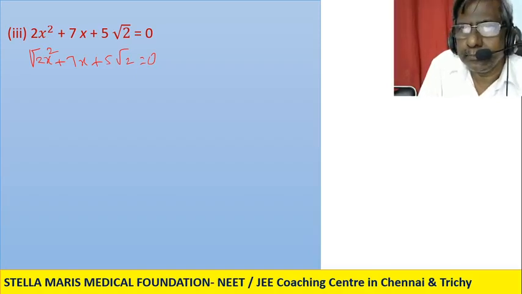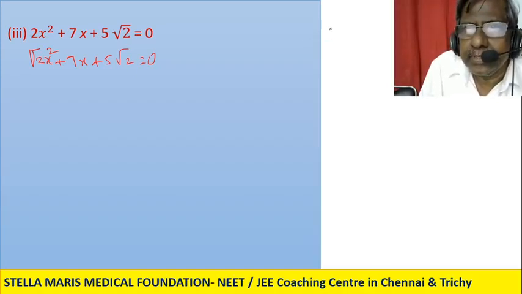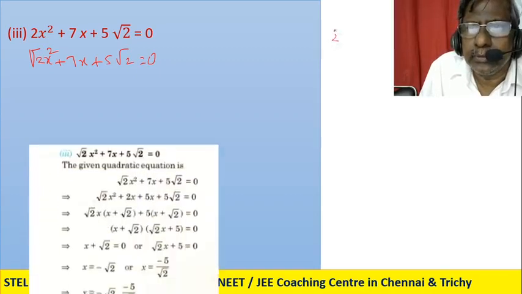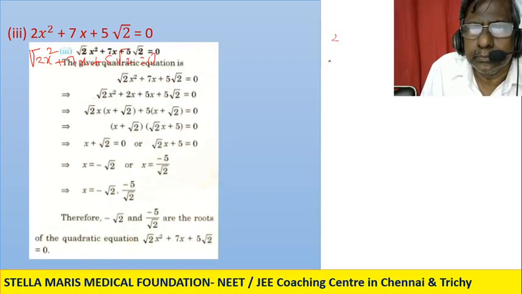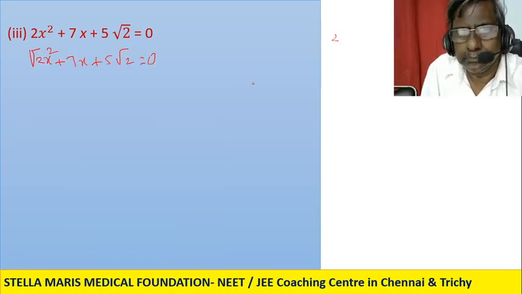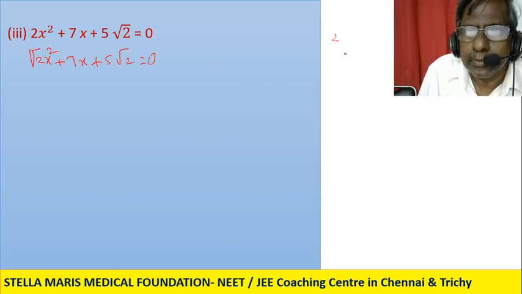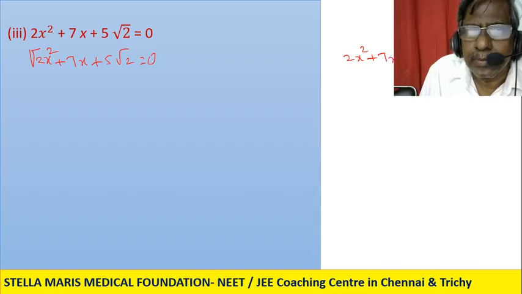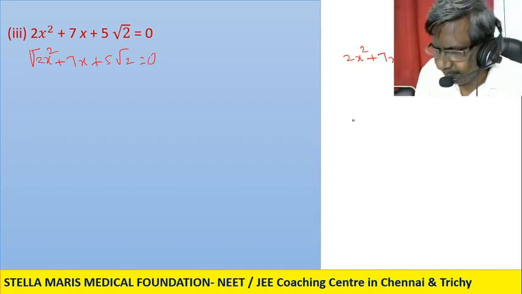So this problem I'll solve here. Root 2x square plus 7x plus 5 root 2 is equal to 0.